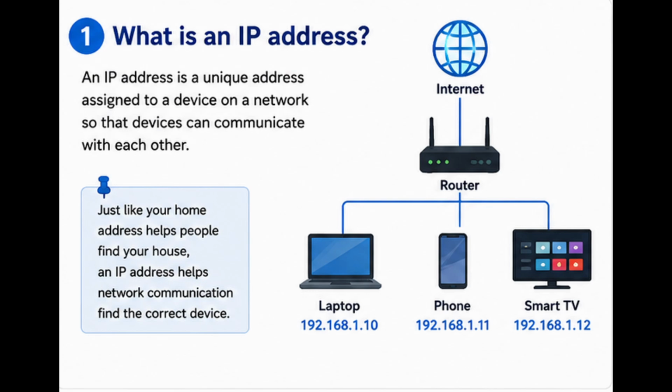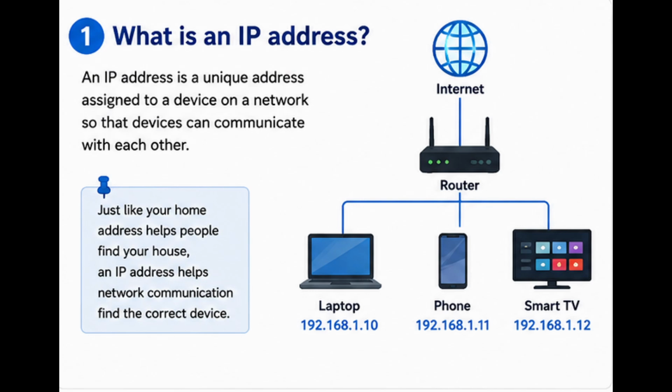Just like your house has a physical address that helps people find your home. For example, imagine you have a laptop, smartphone, and smart TV connected to your home Wi-Fi. All these devices need a network address so they can communicate. Your router usually assigns private IP addresses to those devices.